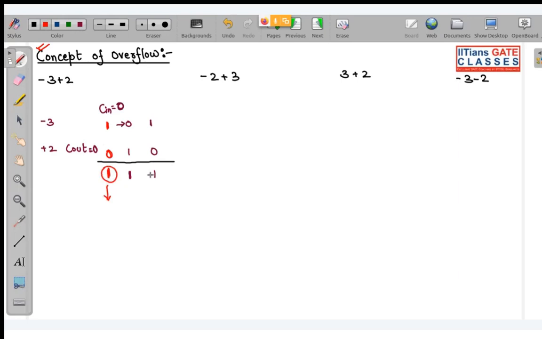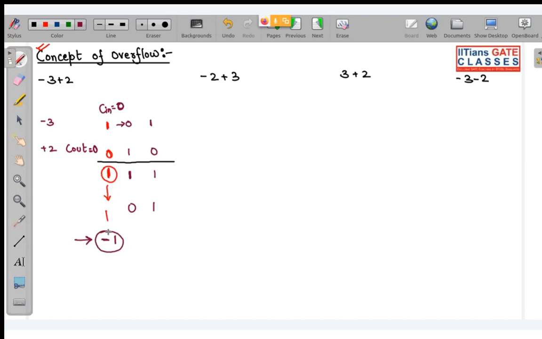To calculate the original number, we need to take 2's complement of this number, that will be 1 1 0. If you convert it, this is minus 1, and this is quite true. If you do minus 3 plus 2, your result should be minus 1.